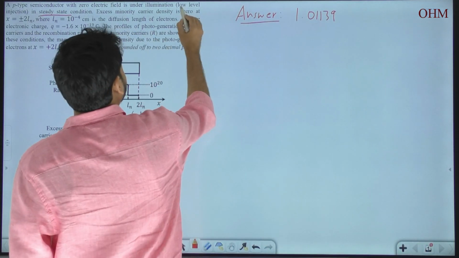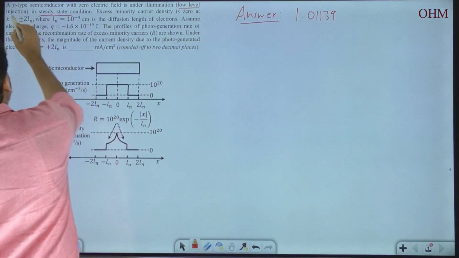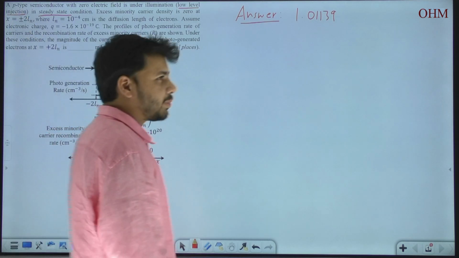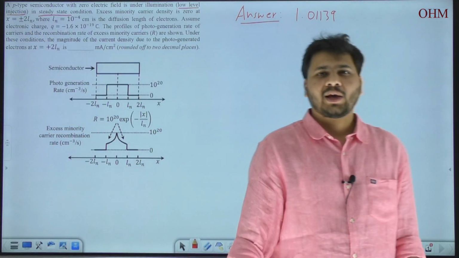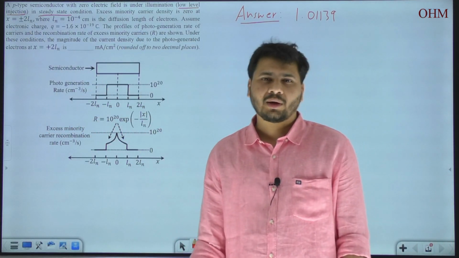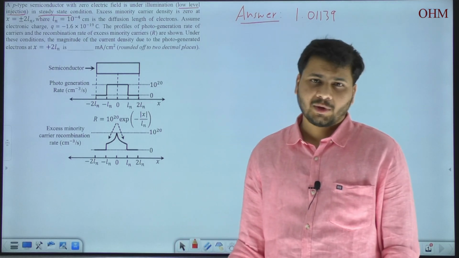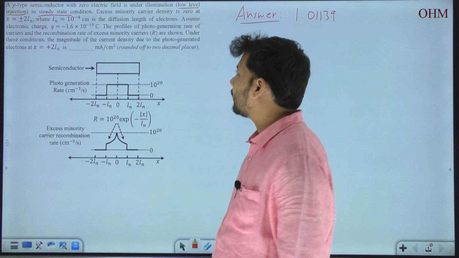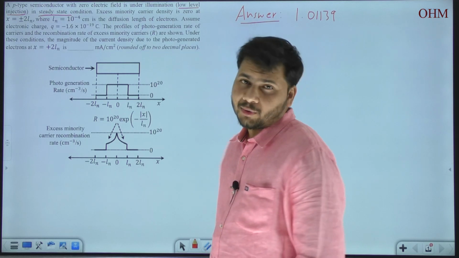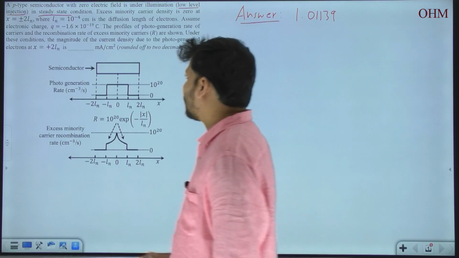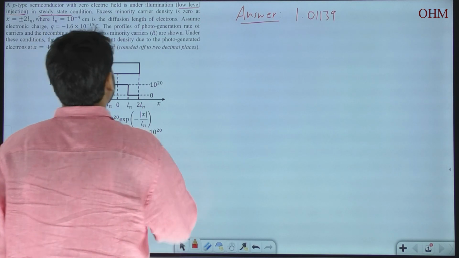Another keyword that I can see is low level injection. That means the excess carriers produced are very small in number compared to the existing thermal equilibrium majority carriers. And two boundary conditions are also given. What are the two boundary conditions?